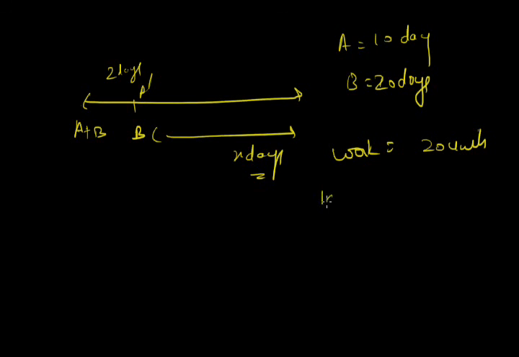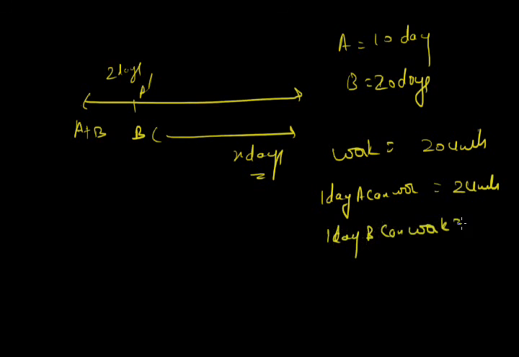In 1 day, A can work 20 upon 10, that is 2 units, and in 1 day, B can work 20 upon 20, that is 1 unit, right? So the work done by A and B together in 1 day is 3 units. For the 2 days, A and B working together, they have finished 3 units per day, so for 2 days it's 6 units, right?